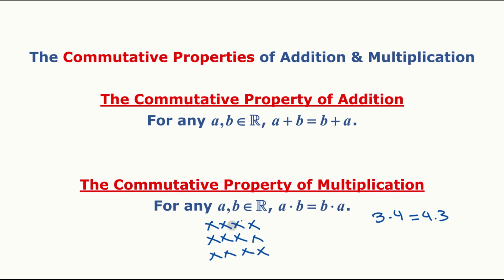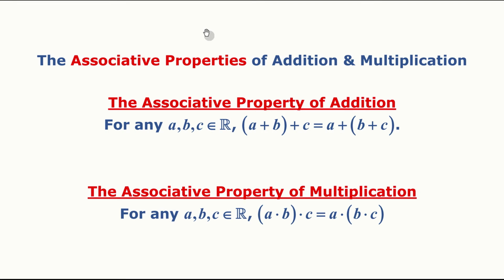So in other words, 3 rows of 4, or you can count 4 rows of 3, and you're going to end up with the same count, 12 on both of them, like that. That's what I was trying to tell you. It's a little bit harder to say sometimes things that are so easy to show, so might as well show it.